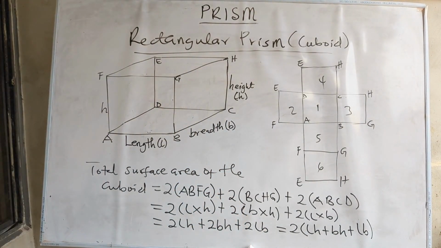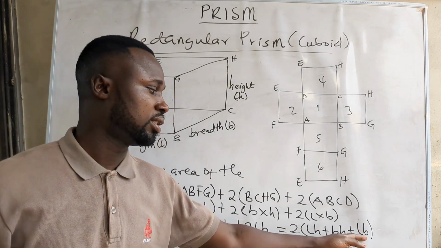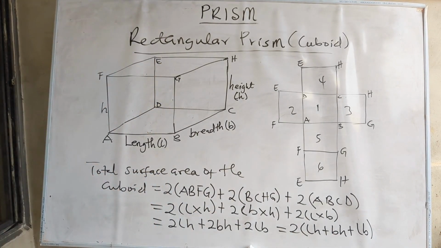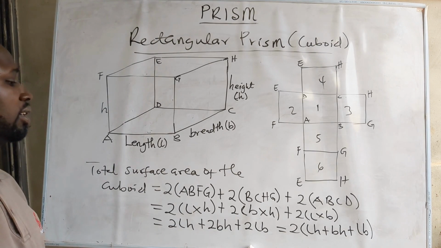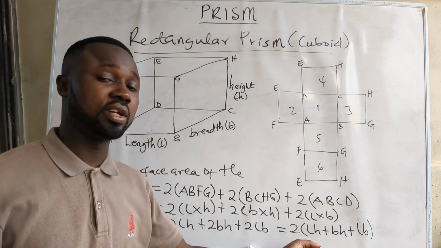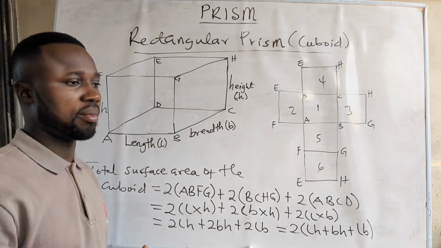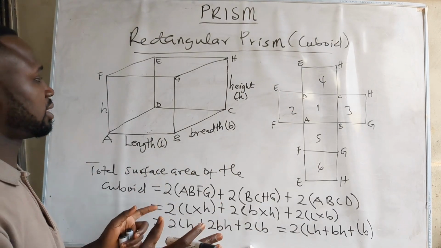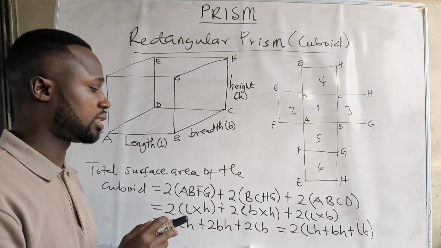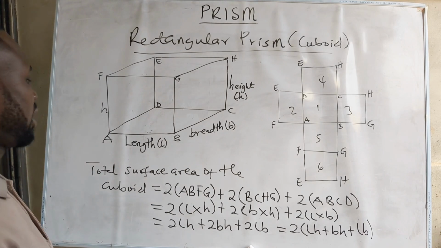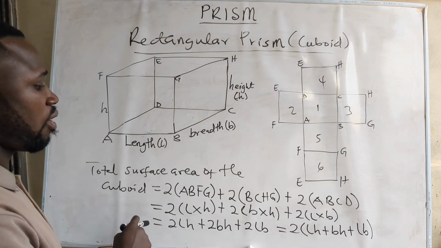So this becomes what? The total surface area of a cuboid, a solid cuboid, where no side is open. All right, this is the formula for finding the total surface area of a cuboid.